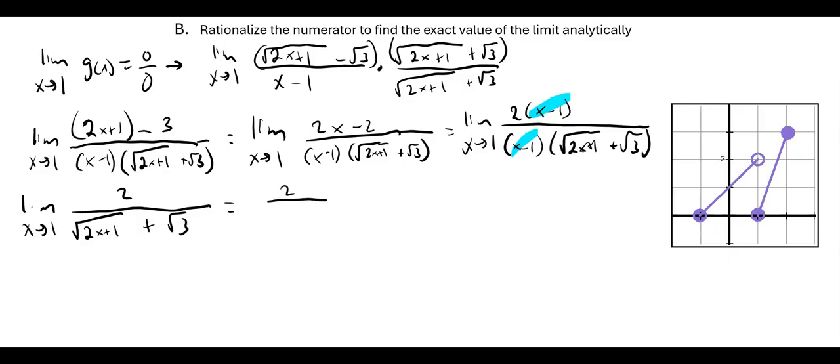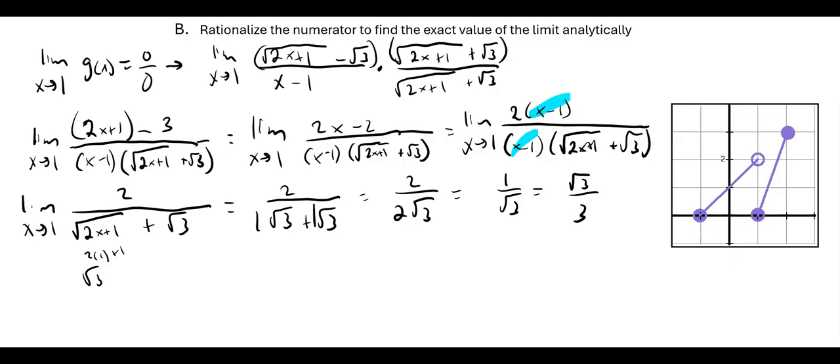And so we plug in now. I get 2 over, plug in 1. So you get 2 times 1 is 2, plus 1 is 3, so the radical of 3, and then plus this radical 3. Anyway, that's 2 over 2 radical 3. The 2's cancel out and the radical 3's cancel, so you have 1 over radical 3. And if you remember rationalizing radicals, here's how you actually rationalize a radical.